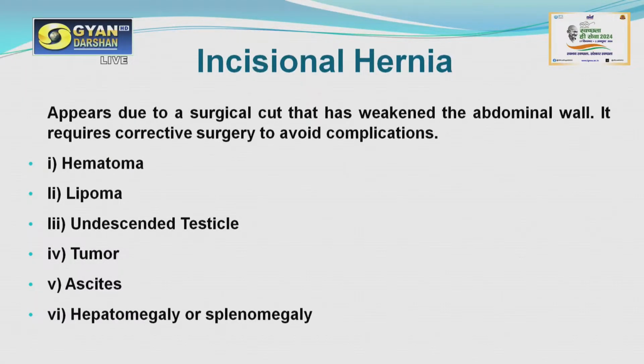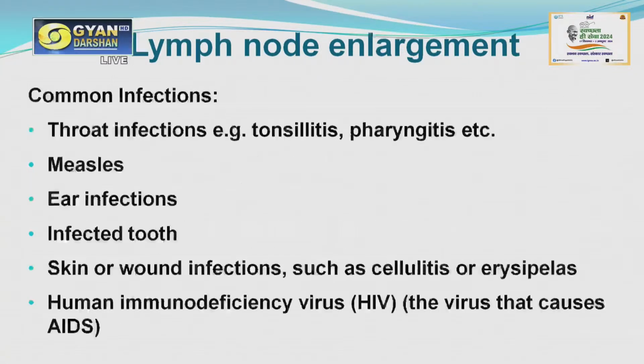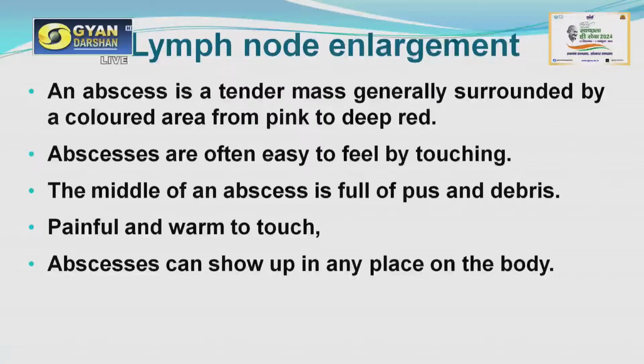There are also incisional hernias, and then there are even lymph node enlargements. These are all lumps which need to be examined using various methods, and your feeling can assess the abscess.